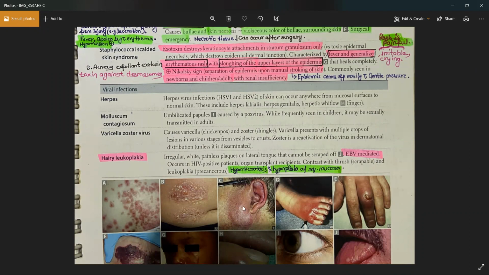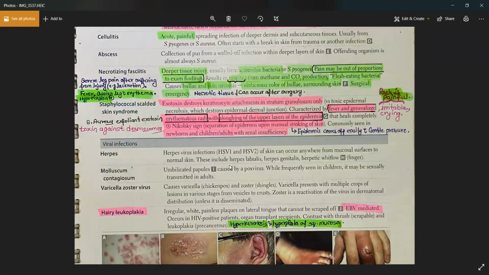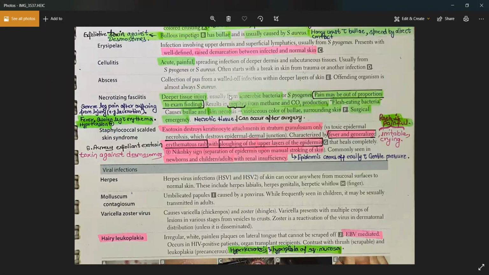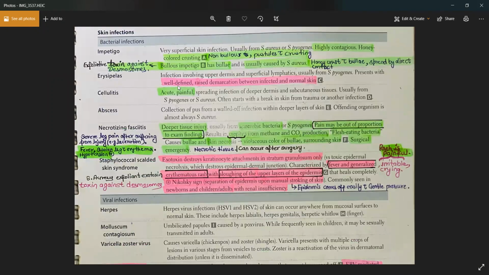This raised lesion also affects the lymphatics of the underlying skin, so you will get very severe edema, as you can see. So erysipelas presents a well raised demarcation between the infected and the normal skin. It is caused by Streptococcus pyogenes, and this infection involves the superficial skin as well as the lymphatics of the superficial skin.